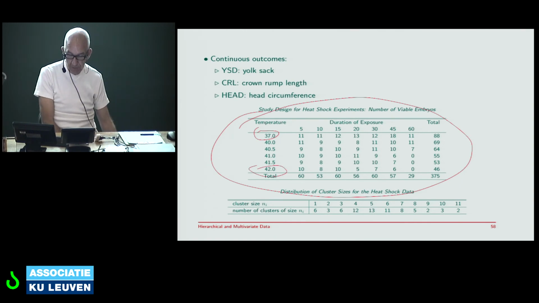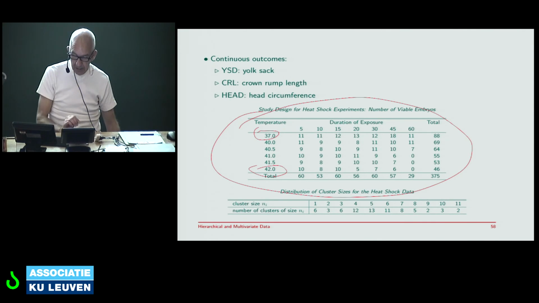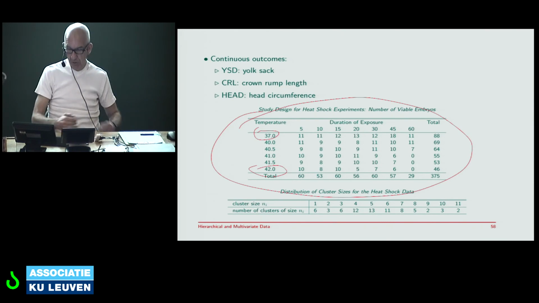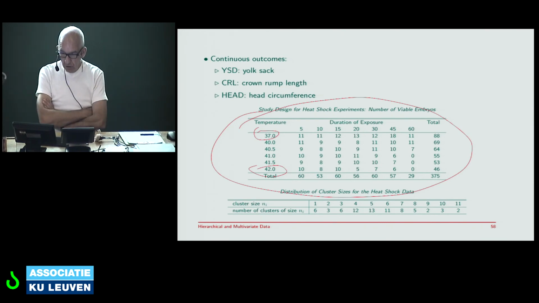42 is 5 degrees exposure, and I hope you realize now that 5 degrees is not like, hey, that's a low temperature. No, no, no, no. It's 5 degrees above normal temperature. And you and I can stand pretty high external temperatures, but if your body temperature is 42 degrees, you're extremely sick.